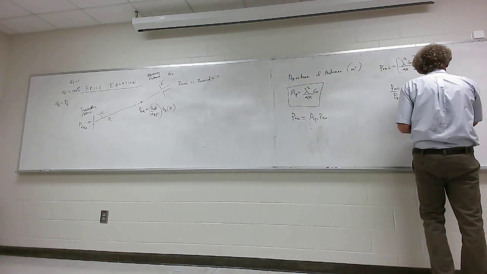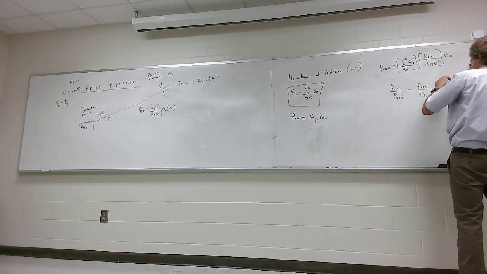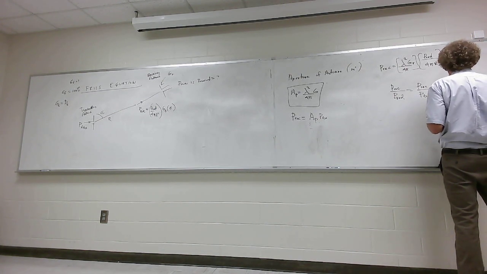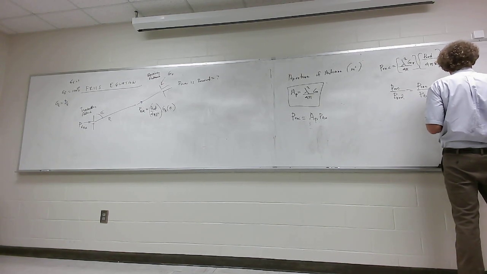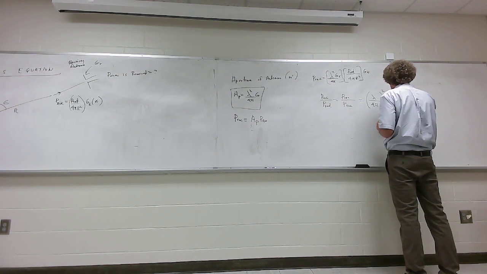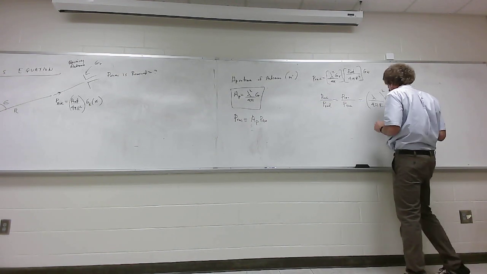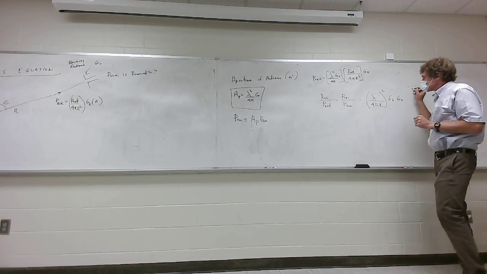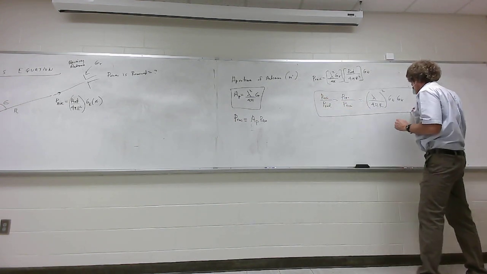And the ratio of those things, kind of interesting when you look at it, you're going to have lambda over 4 pi r, and that is squared, and then it's times gain of transmitter, gain of receiver. Can y'all see that? This is the Friis equation, right there.